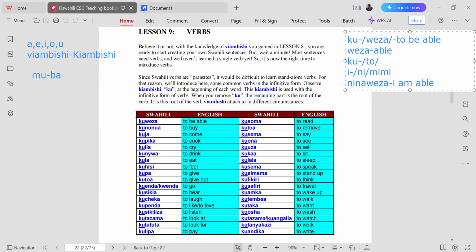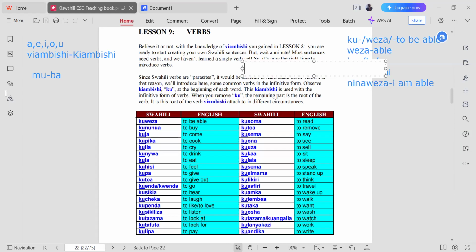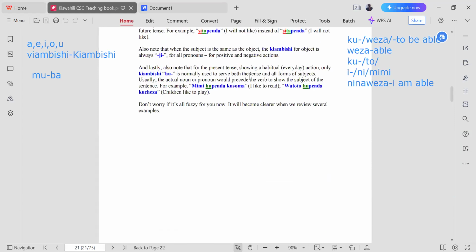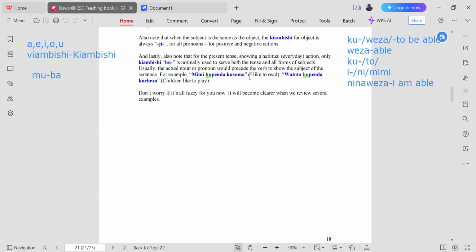But that also shows that we have to go back to defining the prefixes in regards to what they mean in terms of the present tense or the past tense and everything else. It's very important to take you back to that prefix so that you can grasp what it means.